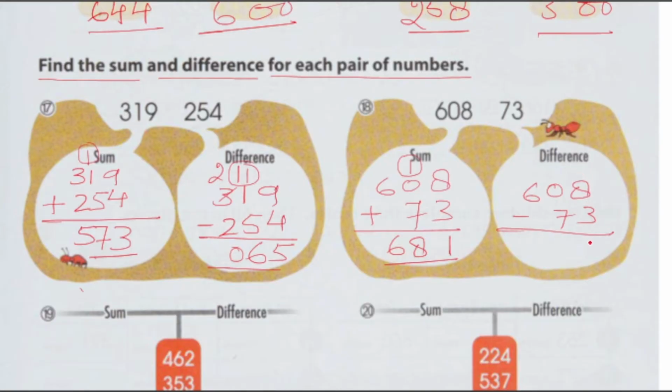So 8 minus 3 is equal to 5. Can't subtract 7 from 0, so we have to borrow 1. It will change to 10 and it will reduce to 5. So 10 minus 7 is equal to 3. 5 as it is. So 535 is the difference.